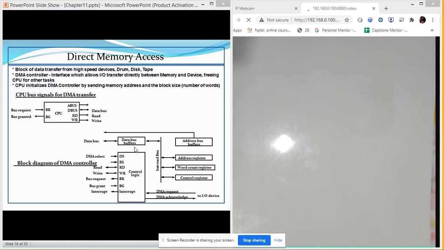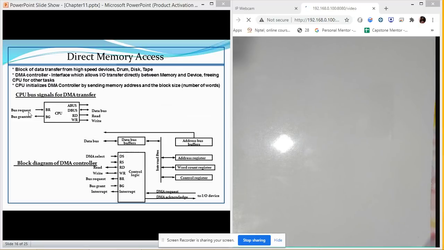So for this, the CPU has different values in it. There are different initialization commands which your CPU issues. Let us first talk about the first bus, that is the bus request. Whenever an input output device wants to transfer some data, it forwards its request to the DMA.